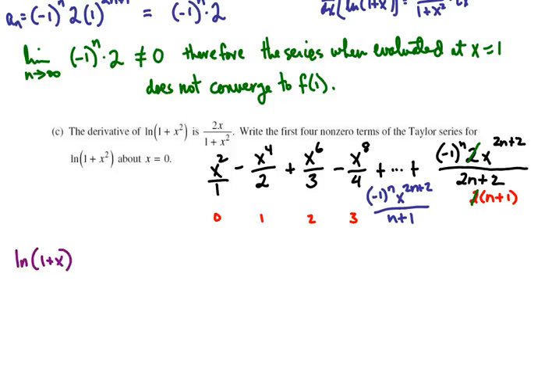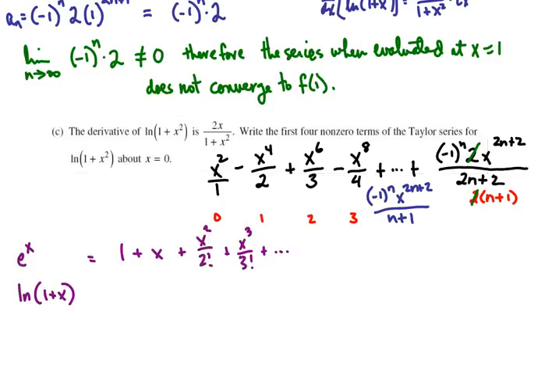Now I think that is probably the most difficult function to derive using the long way. But the ln of 1 plus x is sort of a cousin to the e to the x. And I'll talk about how I remember the ln of 1 plus x when I can do the e to the x, which is one of the easiest ones.